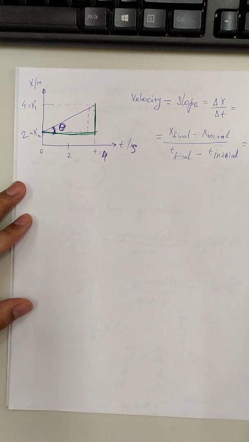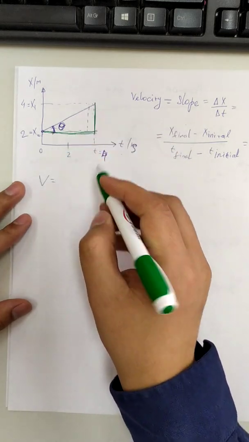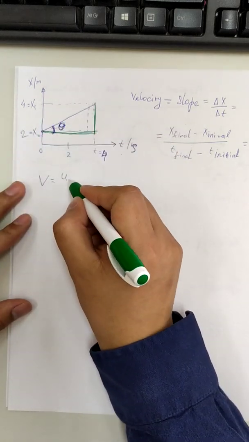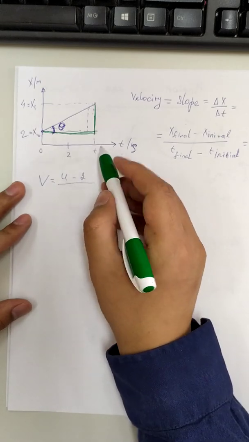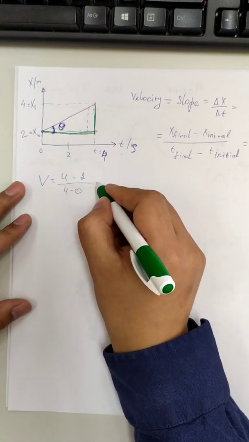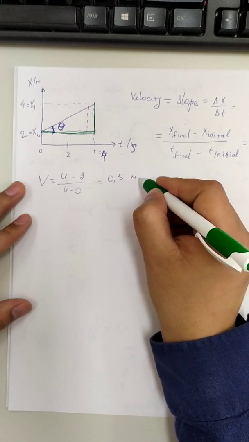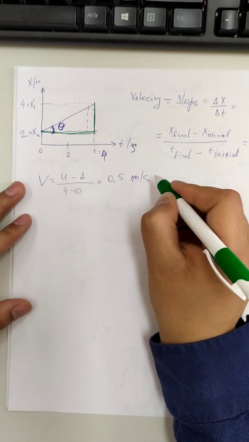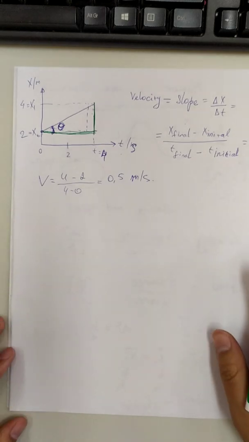For our graph, the velocity is 4 minus 2 divided by 4 minus 0, which is half a meter per second. It is a constant velocity.